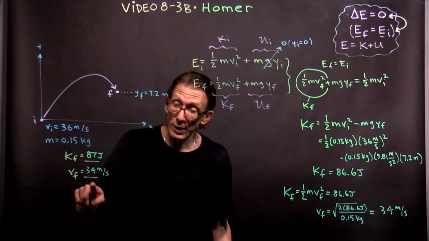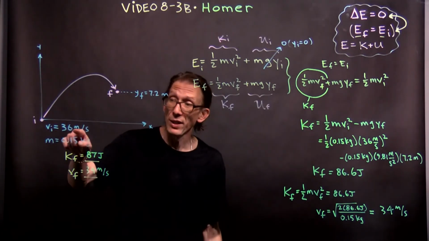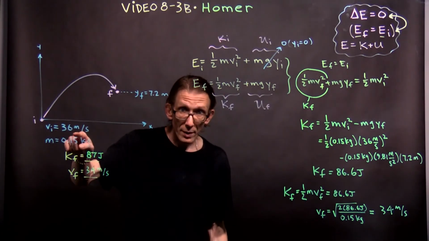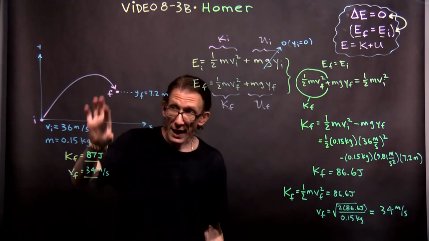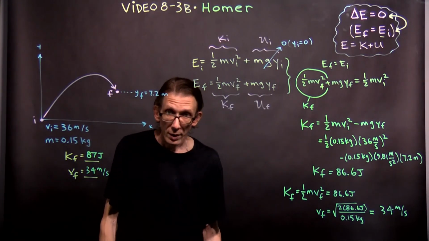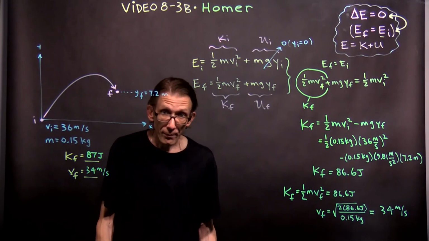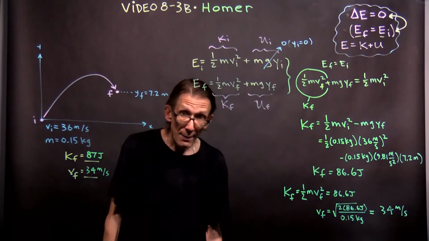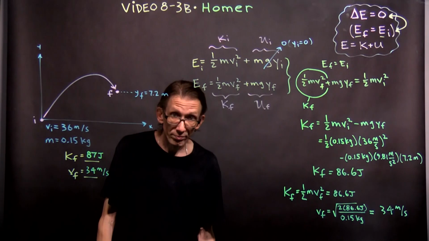That's why the final speed must be less than the initial speed, because the ball is above the ground and has some potential energy there. So we've lost some kinetic energy but gained the same amount of potential energy in this problem.